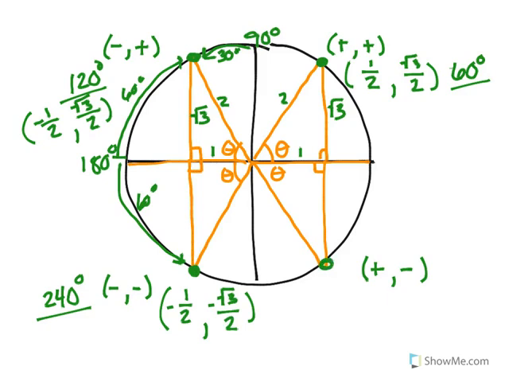And last but not least, we're going to get this guy here. This is 360. We're going to subtract the 60 degrees, which gives us 300 degrees. And the coordinate, again, same as the first quadrant, but our sign is going to be negative.